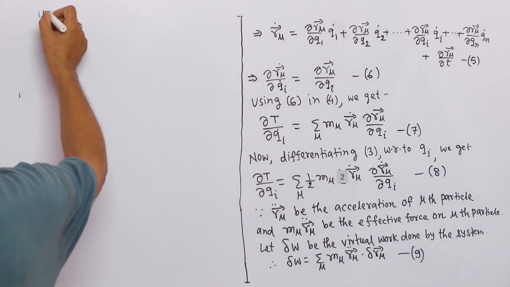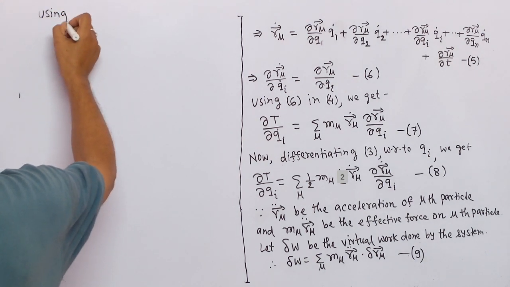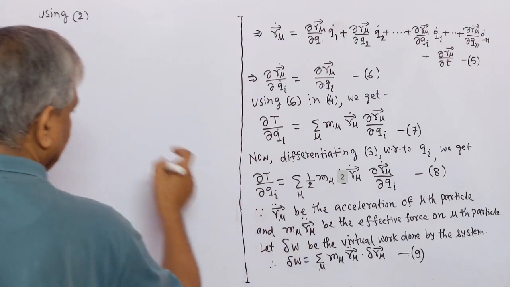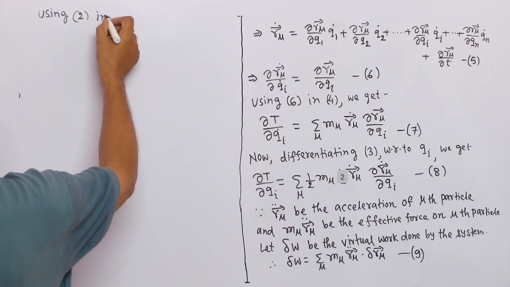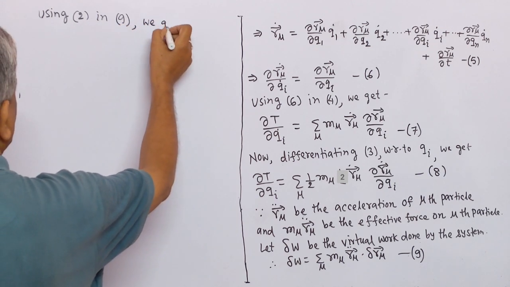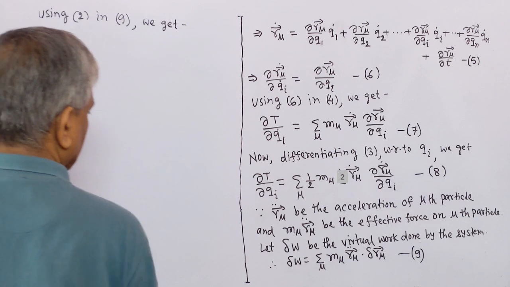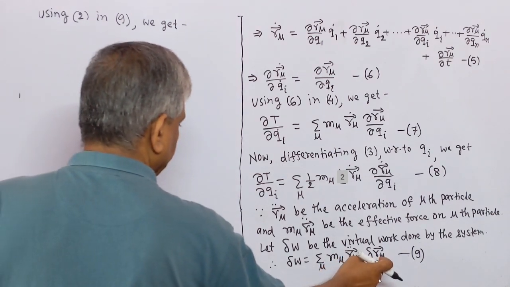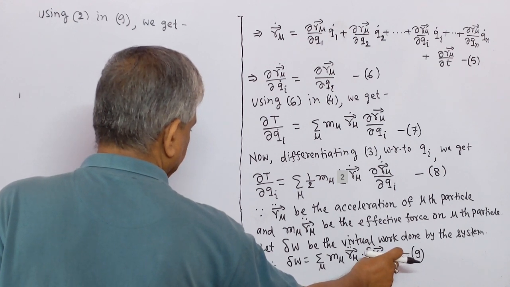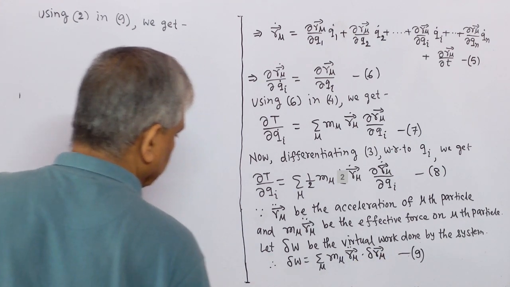Using 2 in 9 we get, means we put the value of this virtual displacement taking from equation 2.